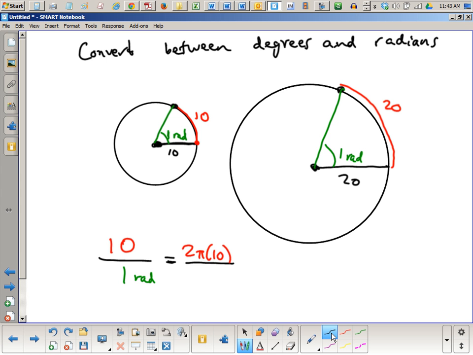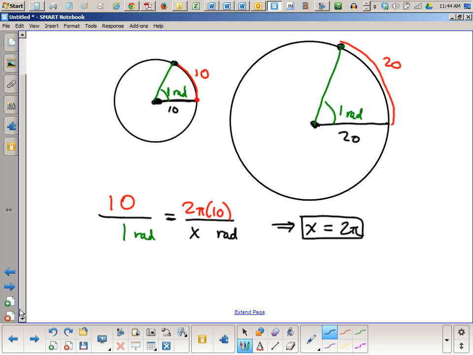How many radians would that be? Or you could apply this to the second drawing if you like. Well, if you solve this for x, you get 2 pi. What does this mean? This means once around the circle is 2 pi radians.